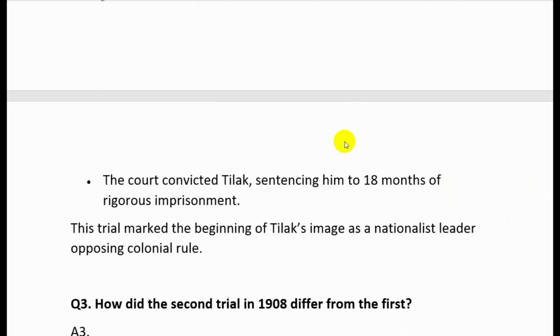The court convicted Tilak, sentencing him to 18 months of rigorous imprisonment. This trial marked the beginning of Tilak's image as a nationalist leader opposing colonial rule.